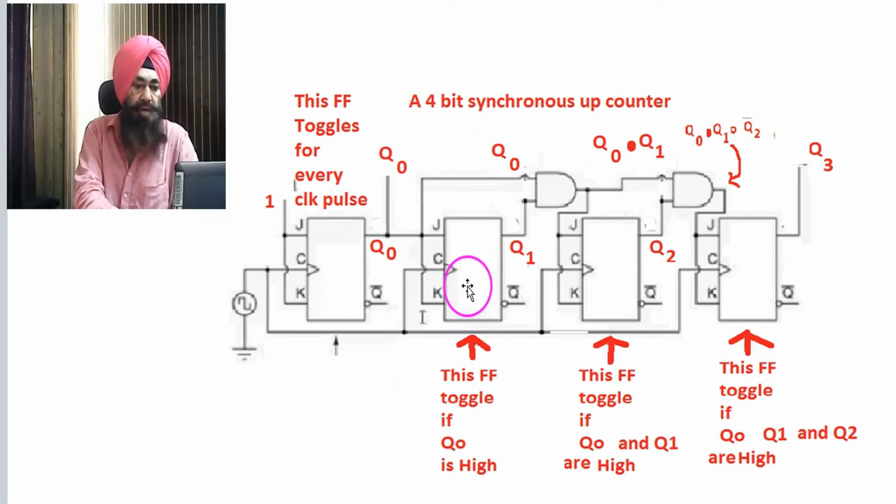Now coming to the second. For the second, Q0 is connected to J and K, which are connected together. That means this flip-flop will toggle when the clock rising edge comes and Q0 is also high. So this will toggle if Q0 is high, because Q0 is applied here to J and K together.